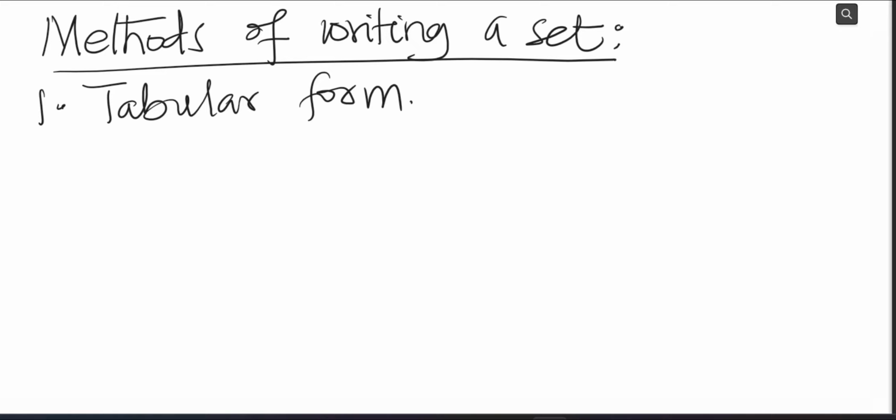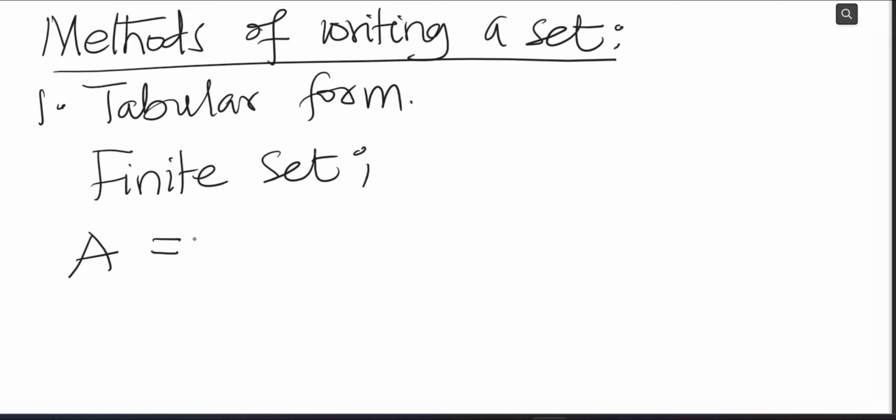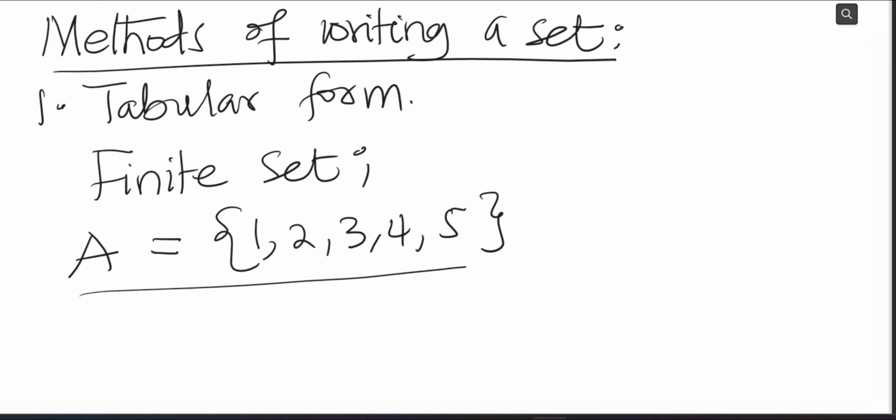Let's say you have a finite set. By finite set, I mean a set with all elements known. If you want to write a set A in a tabular form, it is simply listing all the members belonging to A. And so, for instance, in the previous example, we listed A to be 1, 2, 3, 4, 5. This is a tabular representation of a set.